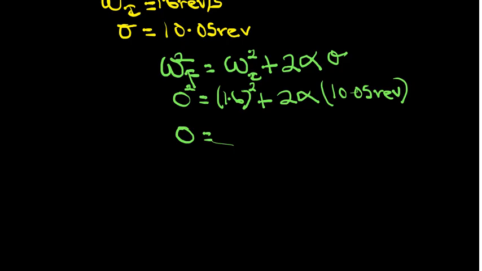So 1.6 times 1.6 is going to give us 2.56. Then you multiply 2 times 10.05, and the value you're going to have there is 20.1, then remember there's theta there.